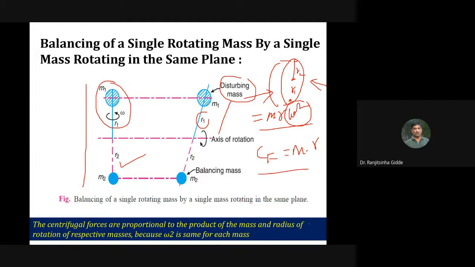This will be asked in the MCQ. The centrifugal forces are proportional to the product of mass and the radius of rotation of the respective masses, because omega square is the same for each mass.